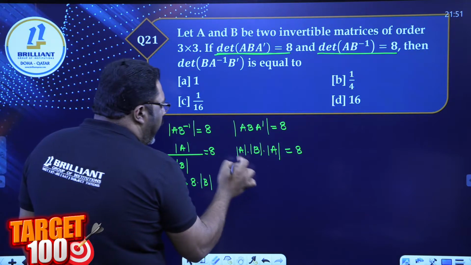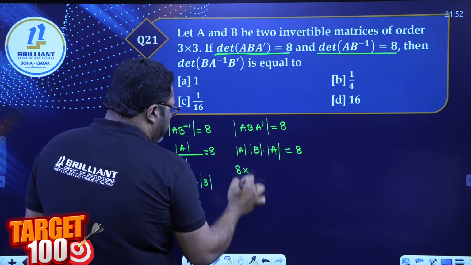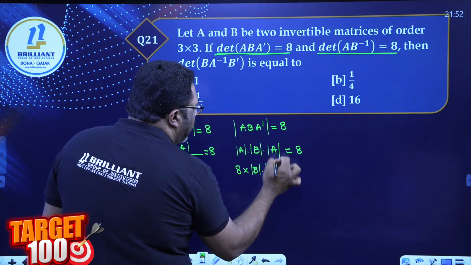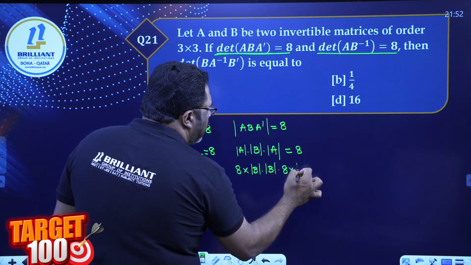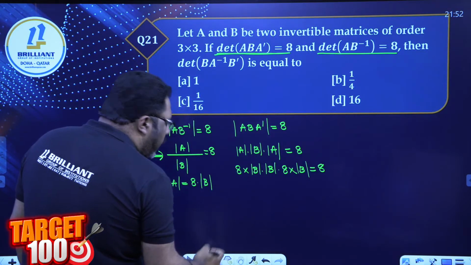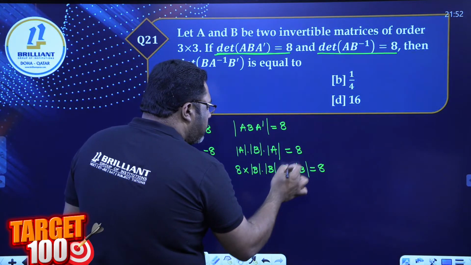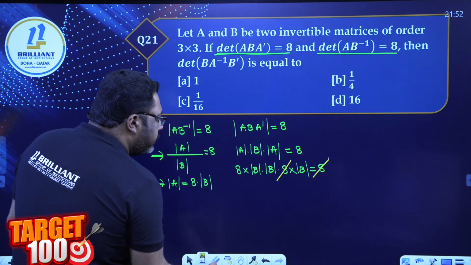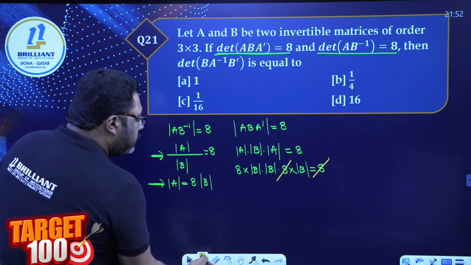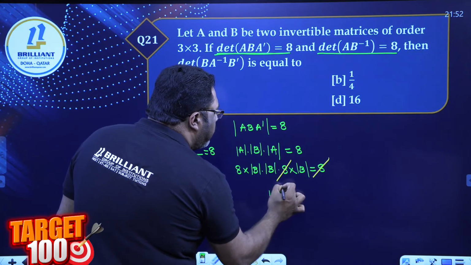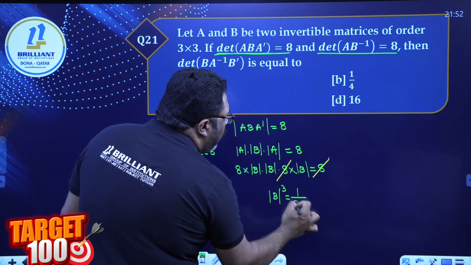Substitute: 8 into determinant B into 8 into determinant B equal to 8. Can I take out? Yes. Now I get the answer that determinant B cubed is equal to 1 by 8.